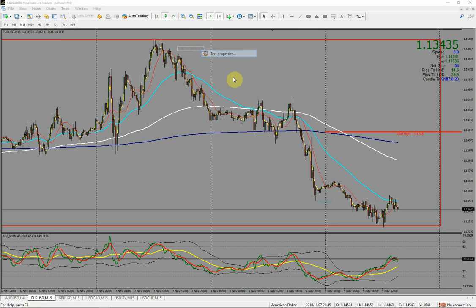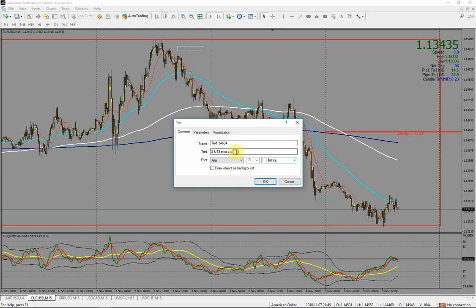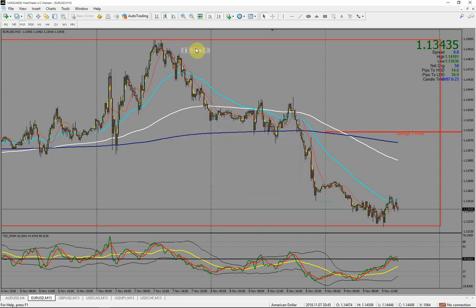Let me just change the color into white. Yeah, there we go. I'm also gonna get the ellipse.